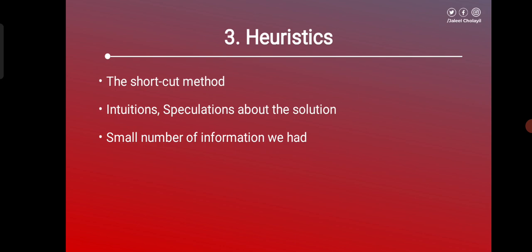In the heuristic method we may lack information. We have only a limited amount of information. This is the problem of the heuristic method, but it is a common method used in problem solving.